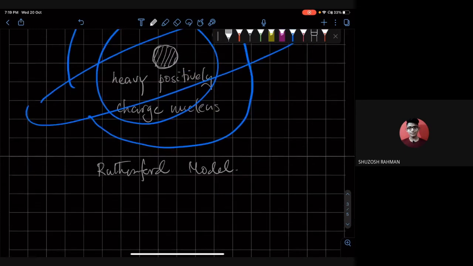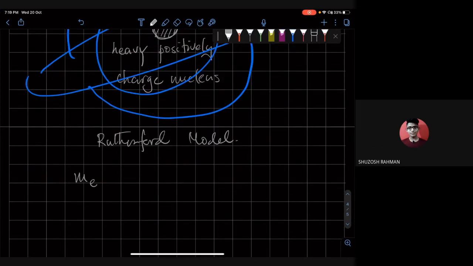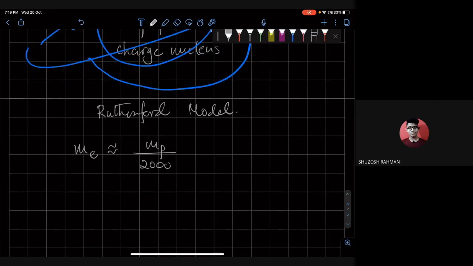So because the mass of the electron is about, if you take the mass of the proton, 2,000 times lighter. And therefore, if you compare the mass of the electron to the mass of the alpha particle, it is about 8,000 times more heavy.